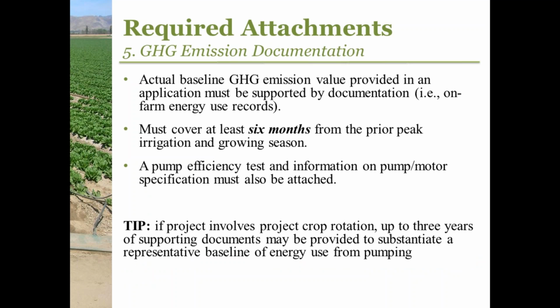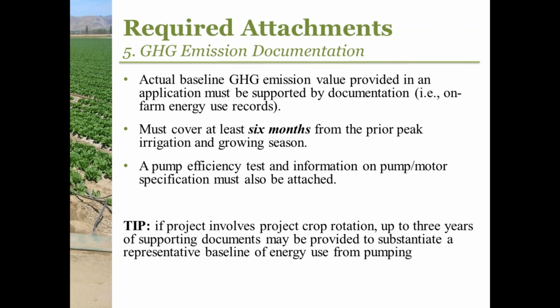So we need that greenhouse gas emissions documentation. That's how we establish your actual baseline greenhouse gas emissions that you have done previously. So we must cover at least 6 months of that prior peak irrigation growing season for your energy record.